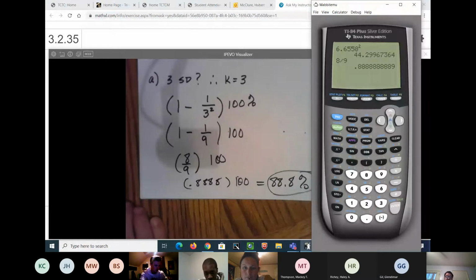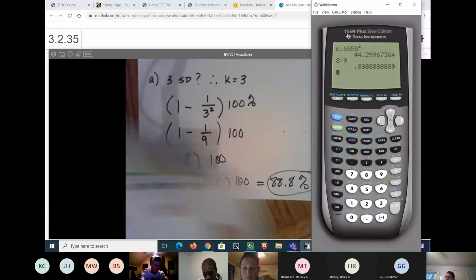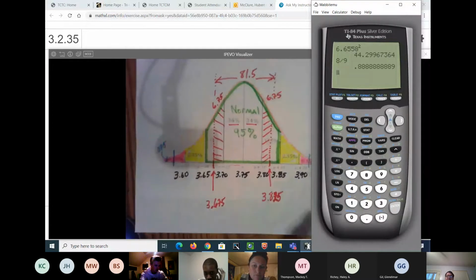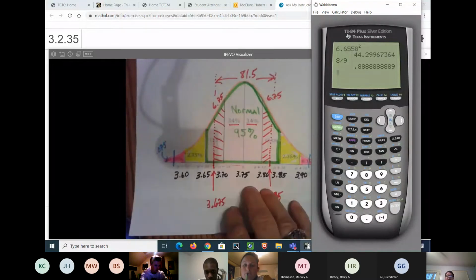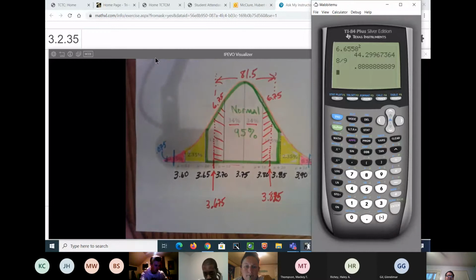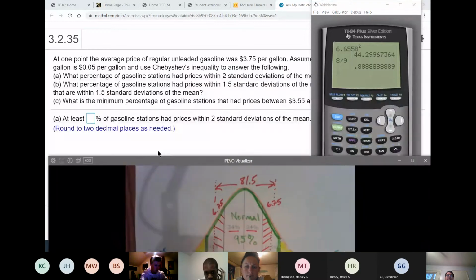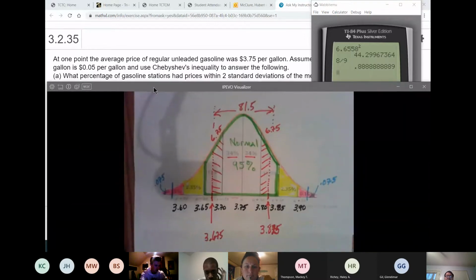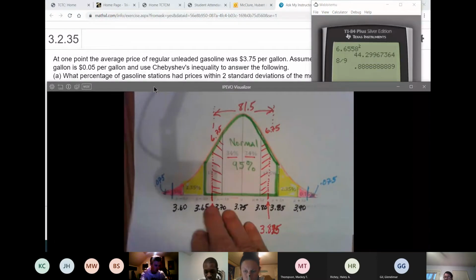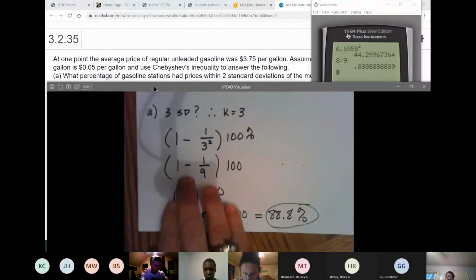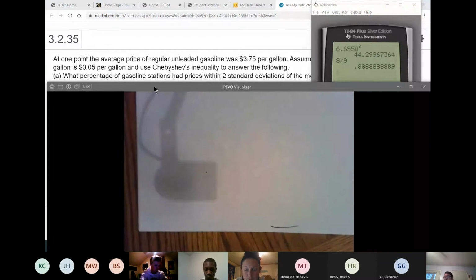What did we say with the empirical rule? Did it say 3 standard deviations? Oh my gosh, it said 2. I suck. Let me redo it. Okay, that's just the extra problem.